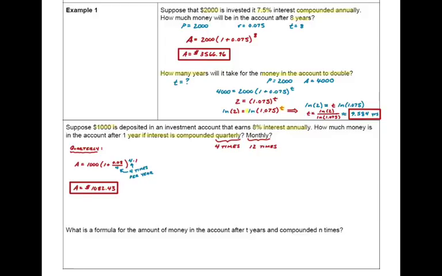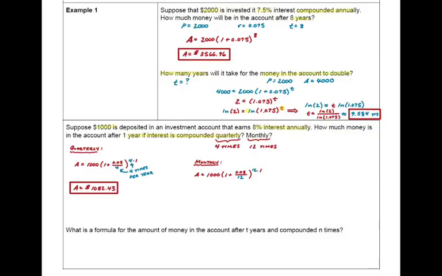Now, what if I were to compound interest monthly, so 12 times a year? Very similar setup, obviously. A equals P, which is your initial investment, and then instead of 1 plus R to the T, it's 1 plus my rate divided by my compounding interval, which is once a month, or 12, raised to the 12 times 1. So please be aware that 12 times 1, or 12, is all in the exponent spot.